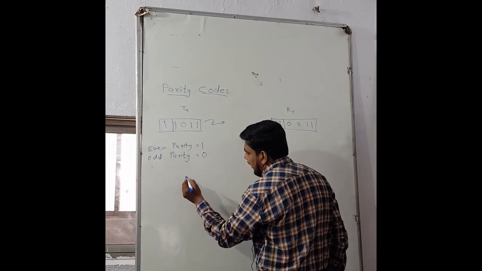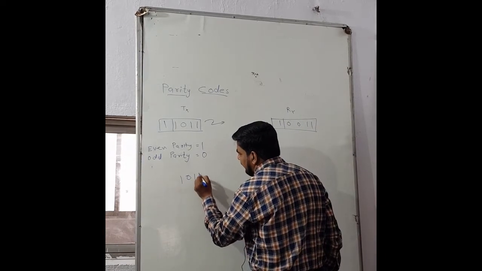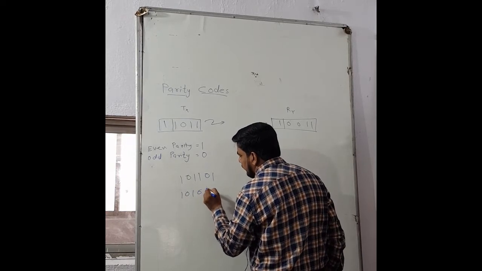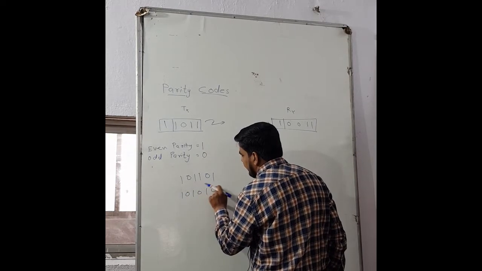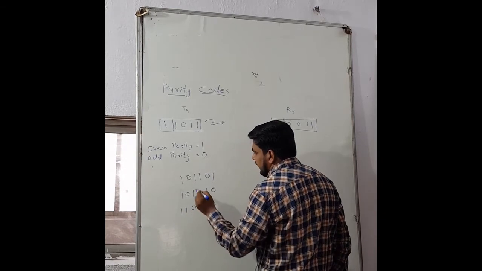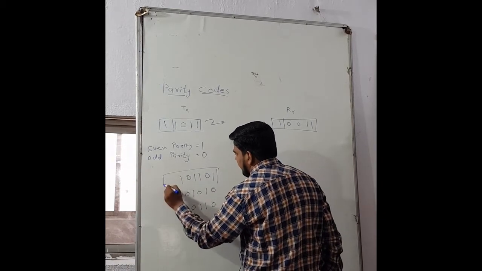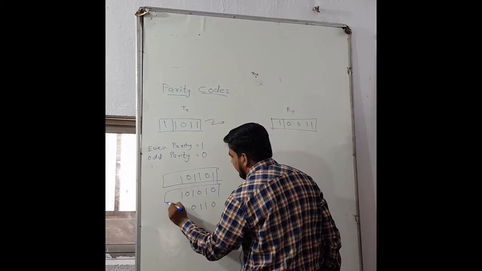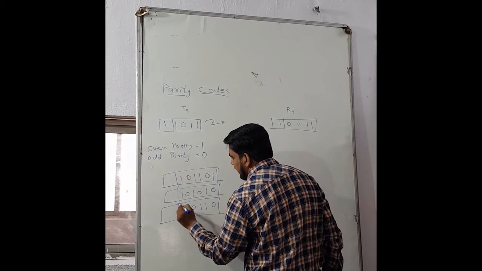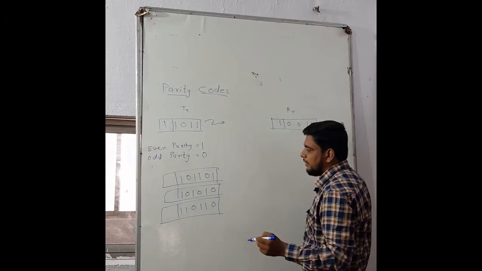We can have some more examples. 1 0 1 1 0 1, this 1 0 1 0 1 0, this 1 1 0 1 1 0. Suppose this is the information and we are considering the even parity. Tell me what should be the redundancy, what should be the extra bit.